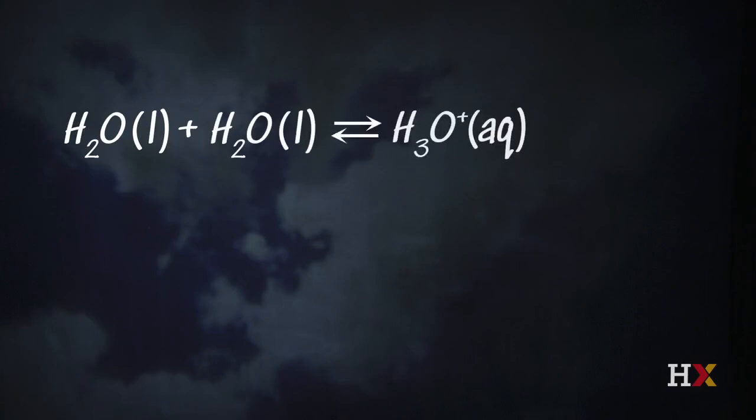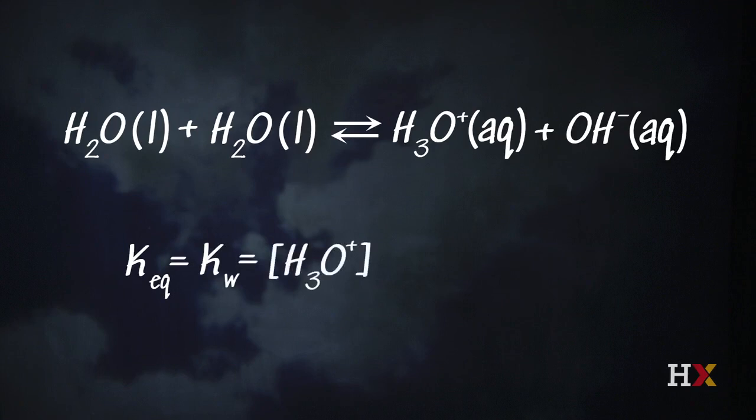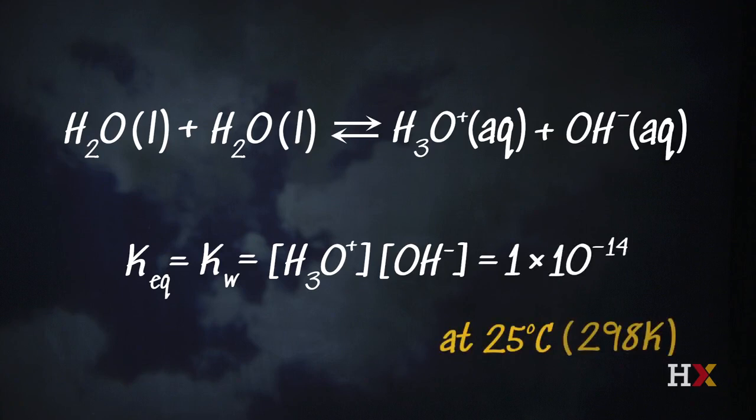So from this point on, we can write the equilibrium constant for H2O liquid reacting with itself to form the H3O+ hydronium cation in aqueous solution plus the OH minus aqueous anion, and we can designate this henceforth as an equilibrium constant that is specific just to this reaction, and that Kw is equal to the product of H3O+ and hydroxide minus, and that's equal to 1 times 10 to the minus 14 at 25 degrees C, or 298 Kelvin.